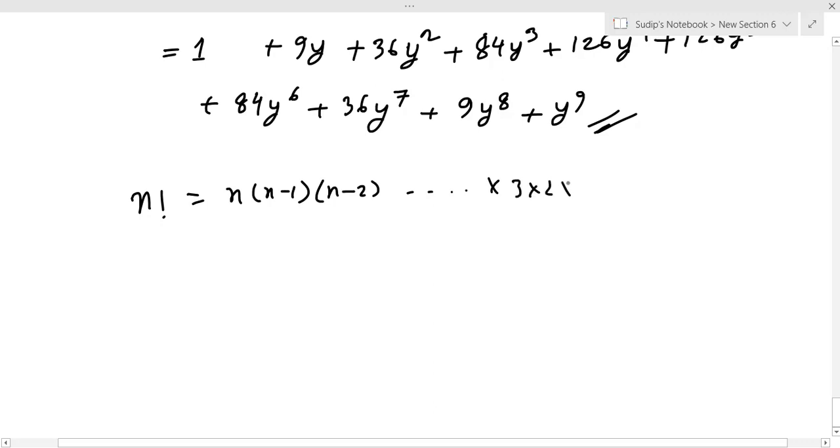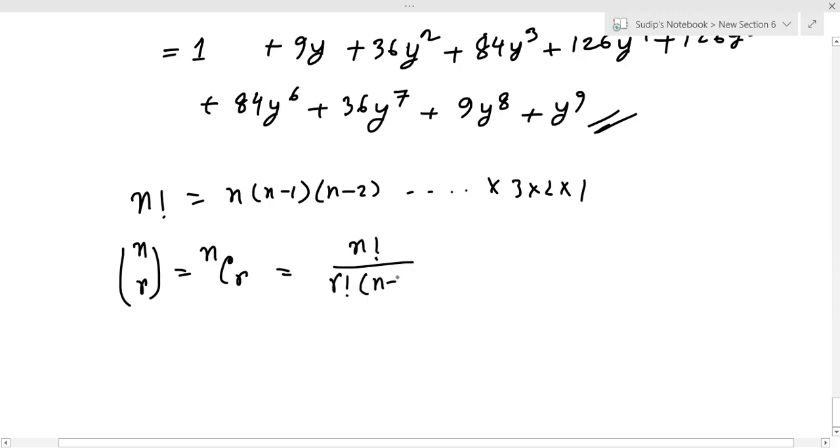N factorial means from n you reduce the number by 1 and multiply up to 1, and nCr equals n factorial divided by r factorial into n minus r factorial, which will give you the coefficient.